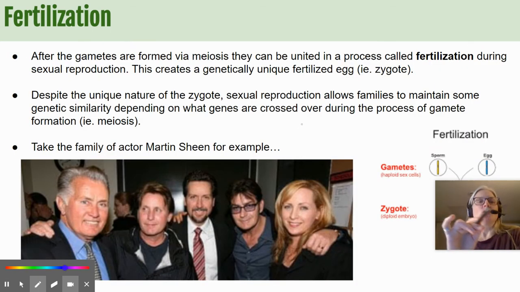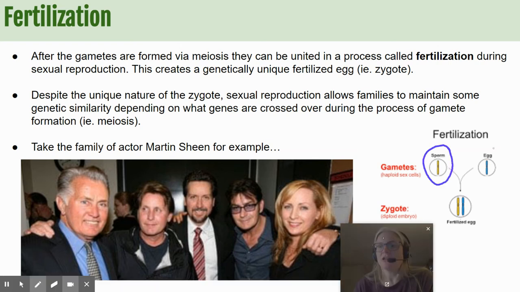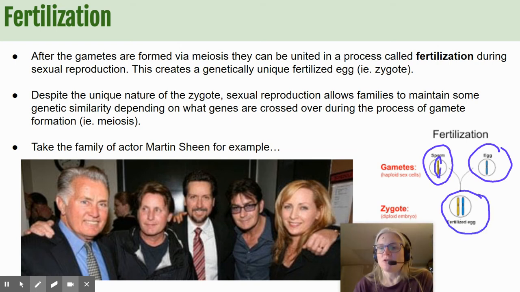All right. So on the last page, I talked a little bit about fertilization really briefly. Fertilization, this is where you have your sperm and you have your egg. They come together and you have a zygote. All right. And you'll notice there is one chromosome here from the sperm, one chromosome from the egg, and 2 chromosomes in the zygote or the fertilized egg.